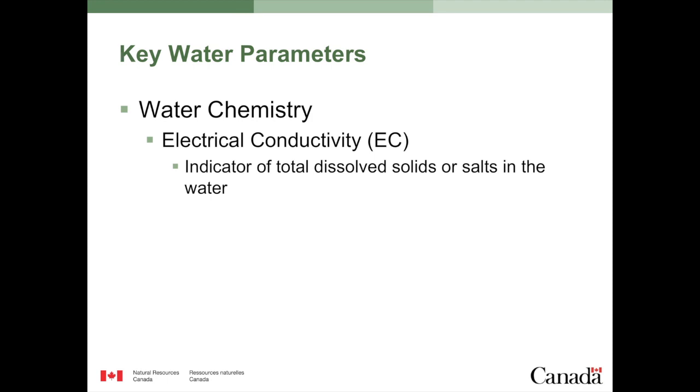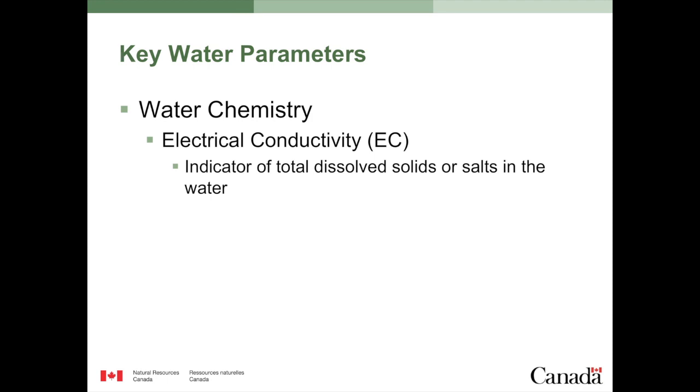Basically, it's an indicator of the salt content in the water, and just for a point of reference, you have to have an EC of less than 2.5 decisiemens per meter, which is the unit of measure, to irrigate. Anything over that, and you wouldn't be allowed to put it on your field. We actually were working with willows that had ECs of over 3, and there are willows that will grow in those kinds of conditions, but that's just a point on the side.